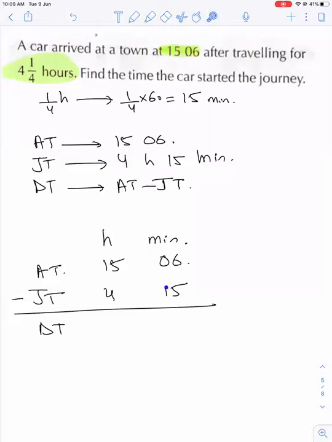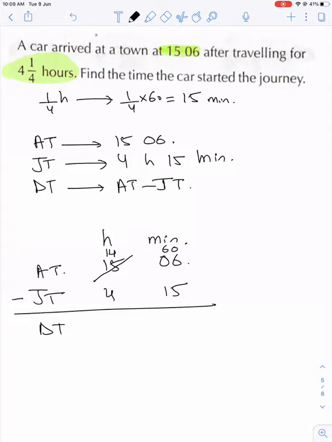Look here, 15 minutes you cannot subtract from 6 minutes. You need to borrow 1 hour from the hours column. If you notice there are 15 hours here, you give 1 hour to the minutes column, you are left with 14 hours. 1 hour when it comes to the minutes column, it will become 60 minutes. Previously you had 6 minutes already here.